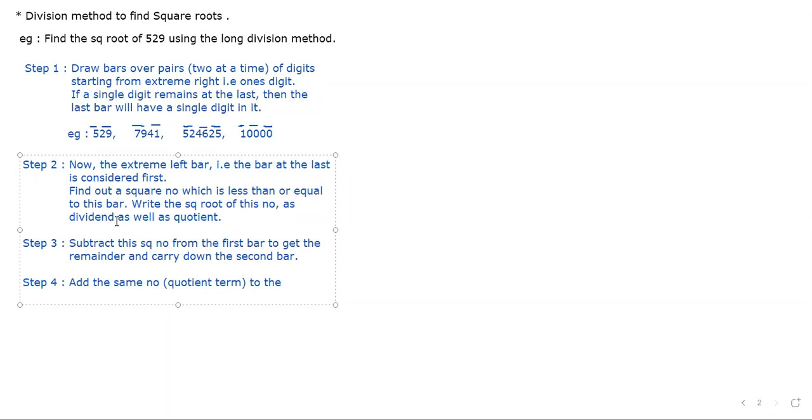Write the square root as divisor as well as quotient, and add the same number, that is the quotient term, to the divisor, and write the new divisor with a blank or with a gap in the ones digit.